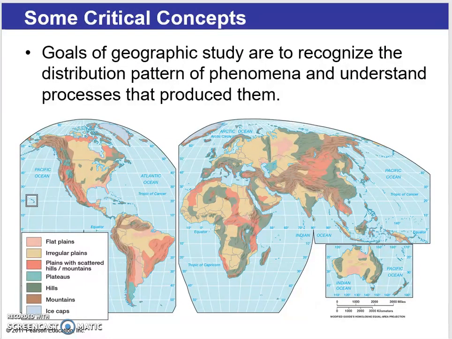Geographic study recognizes distribution patterns. We tend to do that in this book quite a bit. We show what the theme is in a map throughout the world and in the United States. So spend a little time with that. It's pretty interesting. It shows where we have landforms established throughout the world and why they are where they are.